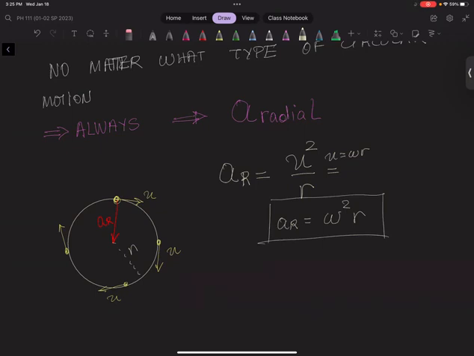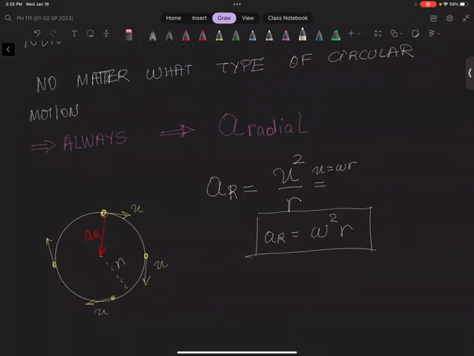I'm going to repeat this last statement. No matter what type of circular motion we are going to have, we have at least one type of acceleration. The radial acceleration has a direction always towards the center, aka the triangle seeking the center.